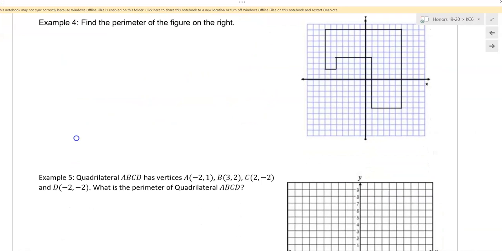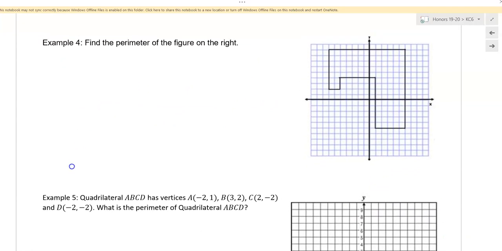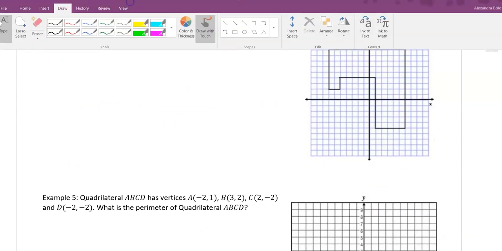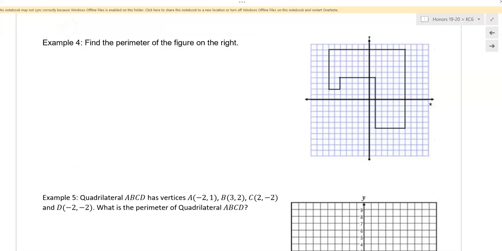It has no diagonal. So I'm just going around and counting the straight lines.